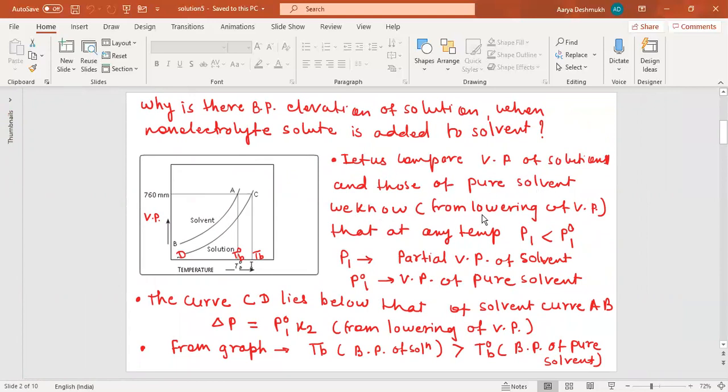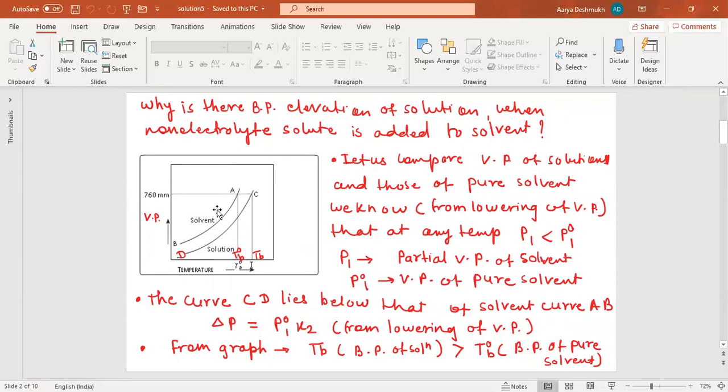We know from the lowering of vapor pressure that at any temperature P1 would be less than P01. What is this P1? That is the partial vapor pressure of the solvent when it is in the solution phase. And P01 is the vapor pressure of the pure solvent, when the solute is not added and it is in the pure form.